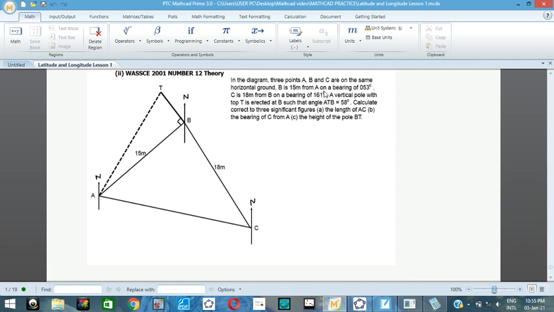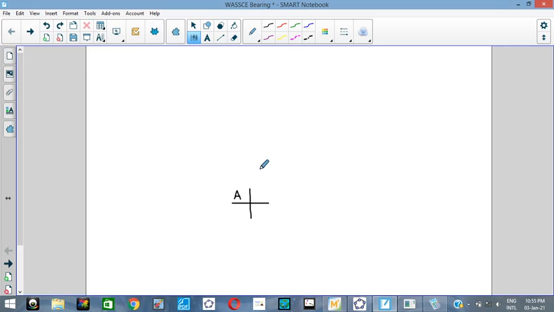Let's go back. So we said from A on a bearing of 053 degrees. So the bearing coming from A to B is 053 degrees. You locate it. So 53 is going to be in this first quadrant here. So we move straight to B. B is going to be somewhere here.